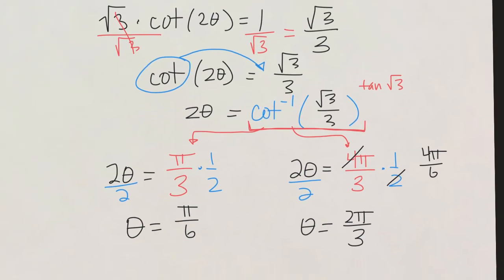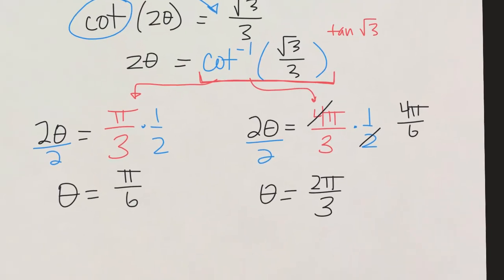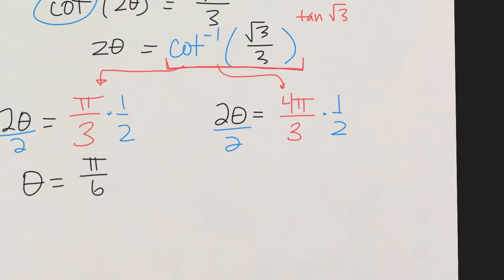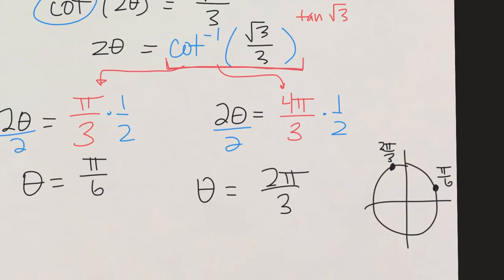Okay, so what part of our unit circle are both of these angles located? On the top. Pi over 6 is right here in the first quadrant. So since both of these answers are in the top half of your unit circle, we're going to have 2 other answers that are 180 degrees apart.